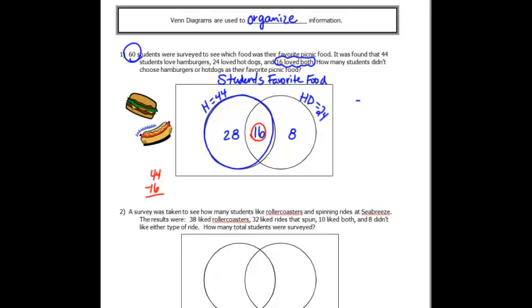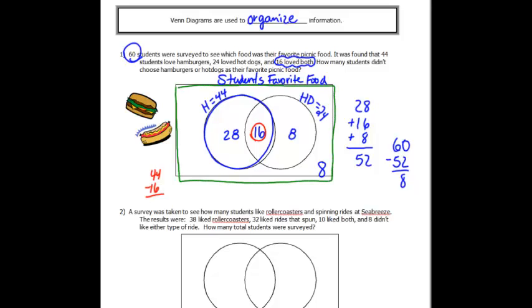So I had 28 plus 16 plus 8, and that gives me 52, and then I subtract 52 from 60 to get 8, and 8 goes out here. So my entire survey is inside this box, and I have the students that are inside the circles, and then the students that are outside the circles are the none.